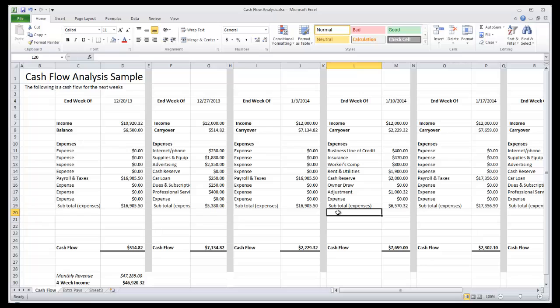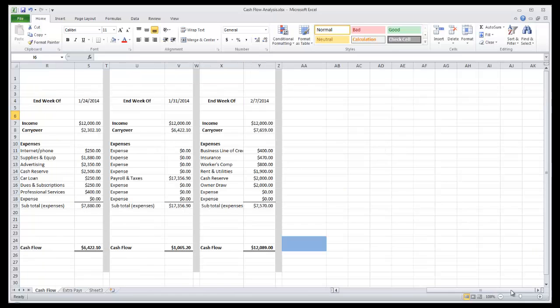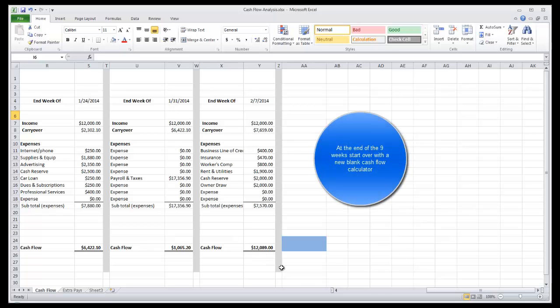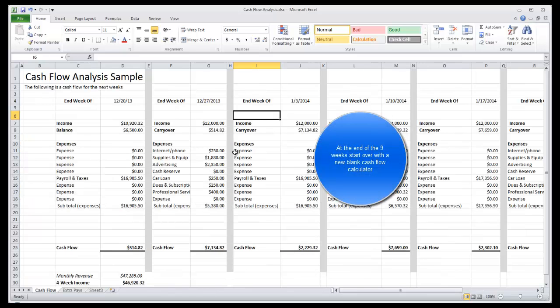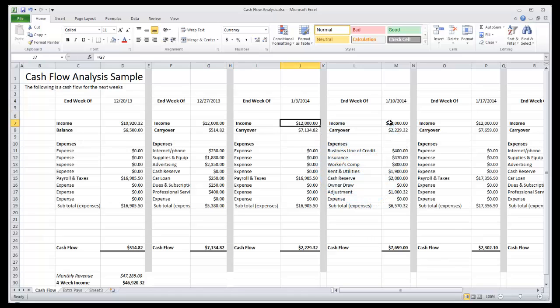Really, that statement of cash flow in QuickBooks shows you what's happened in the past. But this tool is for you to plan what's going to be happening in the future, so that by the end of the time period, you have enough money to cover all these extra payrolls. And we kind of cheated here because I threw in a little formula to make each of the incomes equal so that I didn't have to enter it each time.